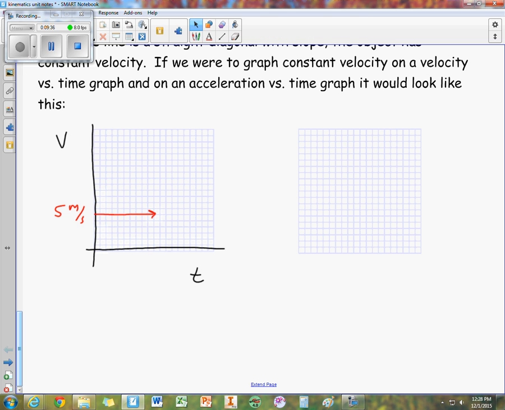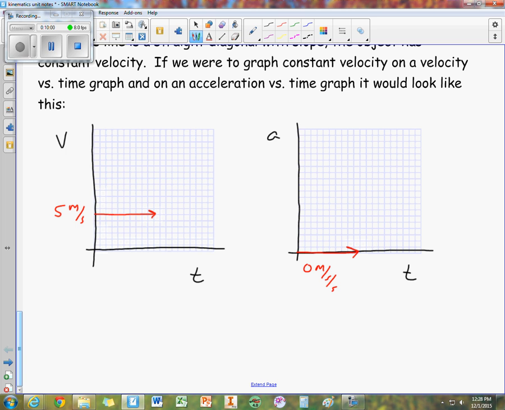And if I were to take a look at an acceleration versus time graph, well, if something has a constant velocity, it means the velocity is not changing. Acceleration is defined as a changing velocity. So if it's not changing, it has 0 meters per second per second. So that's what constant velocity would look like on the velocity and acceleration graphs.